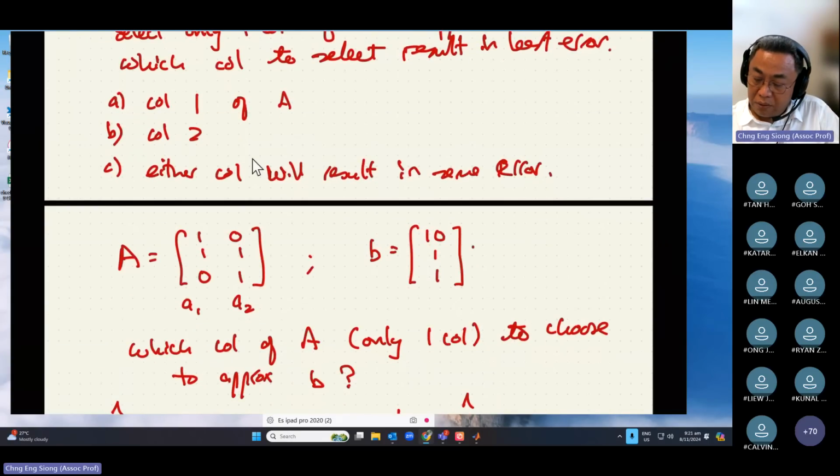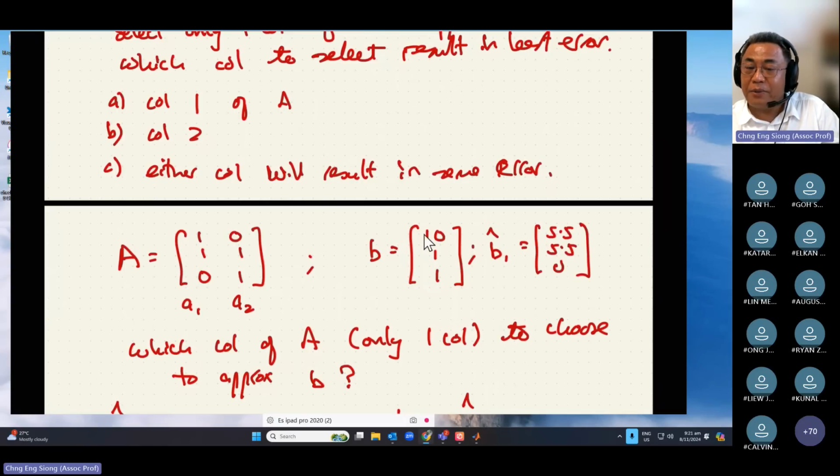So B1 hat is 5.5, 5.5, 0. So I have half explained this. I have created some errors here, but at least I've explained this one. Can you see now?